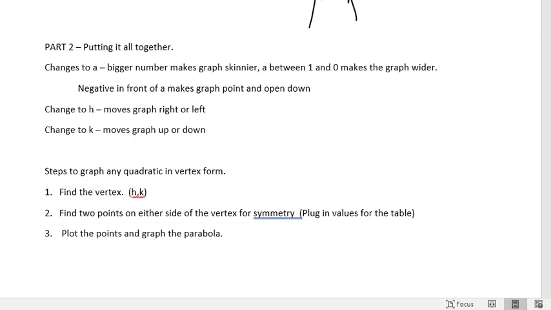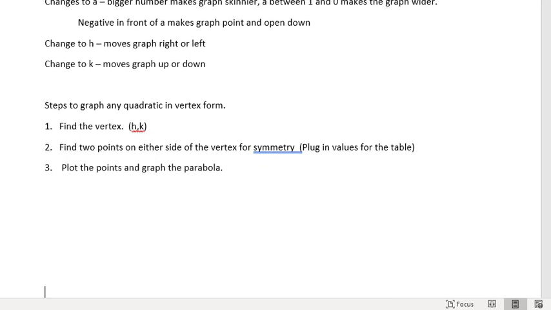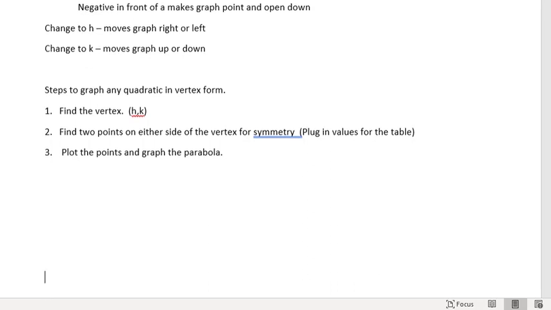We're going to then find 2 points on one side, and we know by symmetry that it will have the exact same points on the other side of the axis of symmetry. We are going to find those 2 points, and then plug our values in and calculate to get that into the table, plot the points, and then graph it.